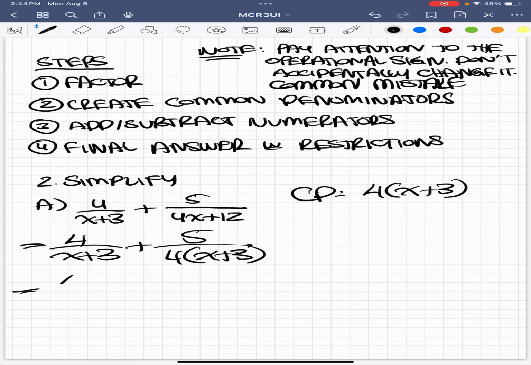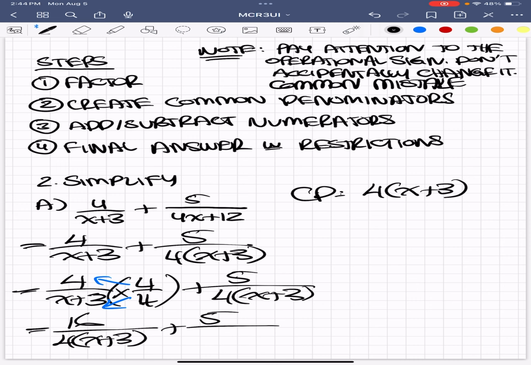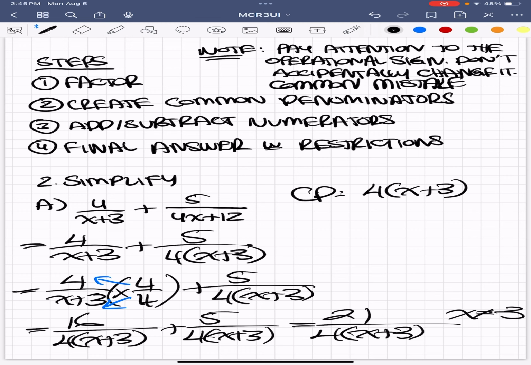And then we do 4 over x plus 3 multiplied by 4 over 4, the conjugate, and then we have plus 5 over 4 times x plus 3, and then we multiply the numerator and the denominator by 4, and we have 16 over 4 times x plus 3 plus 5 over 4 times x plus 3, and we are left with 21 over 4 times x plus 3, and x cannot be negative 3.